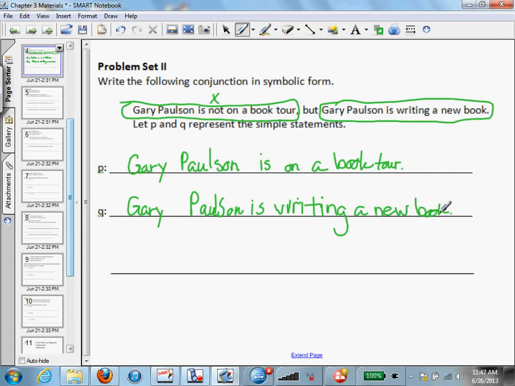And if we look back at our original statements, we see that P has the negation of it, and the but tells us to use the conjunction of that form. So negation of P, conjunction Q.